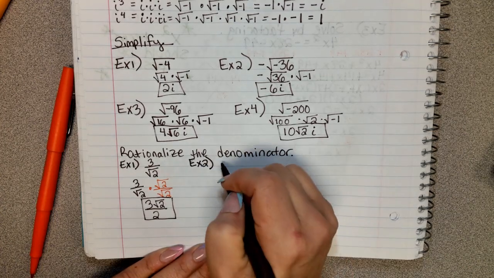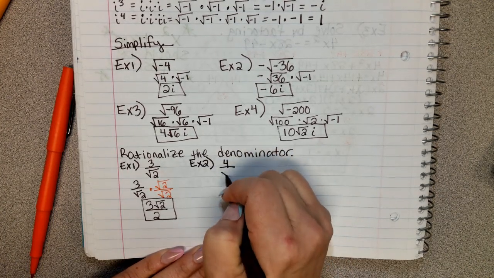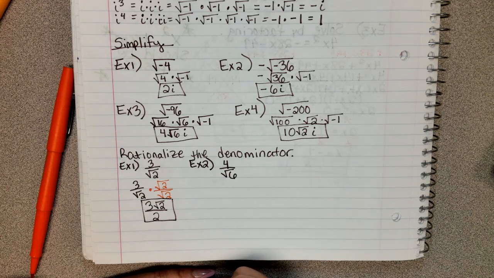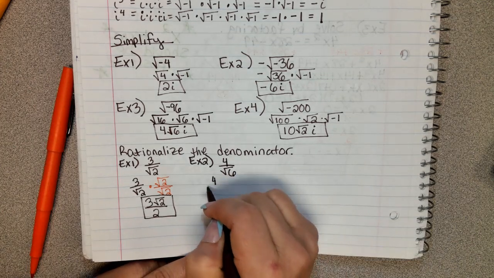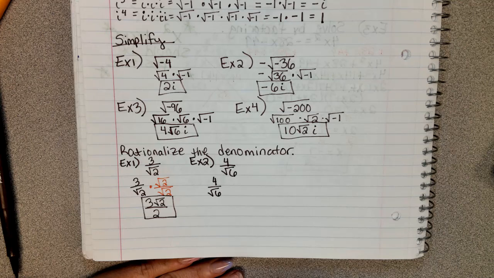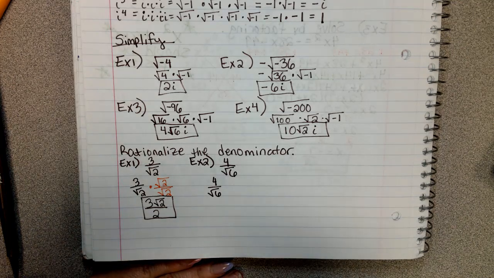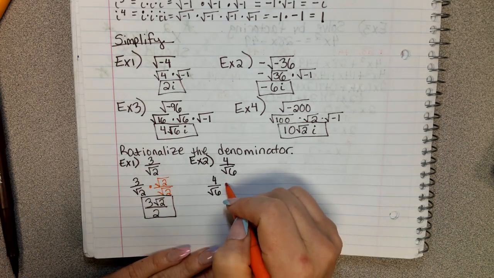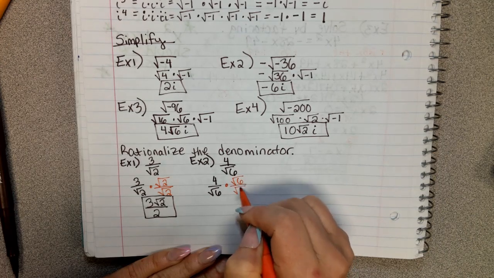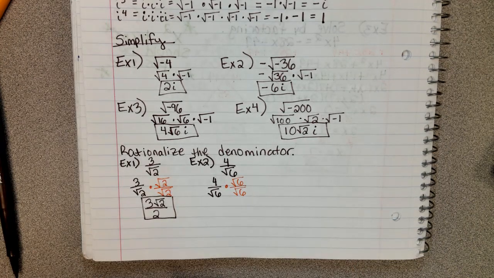Let's see, what if I have 4 over the square root of 6? If you remember, press pause and try this one yourself. I want to take 4 over the square root of 6, and I want to multiply that by the number 1 written very strategically. I want to write the number 1 as the square root of 6 over the square root of 6.